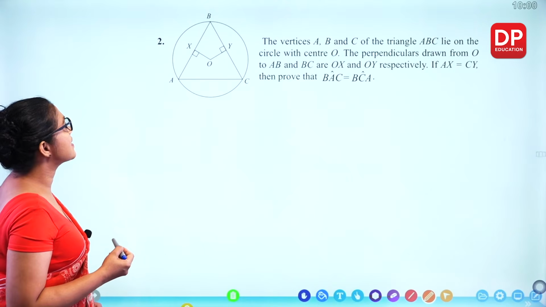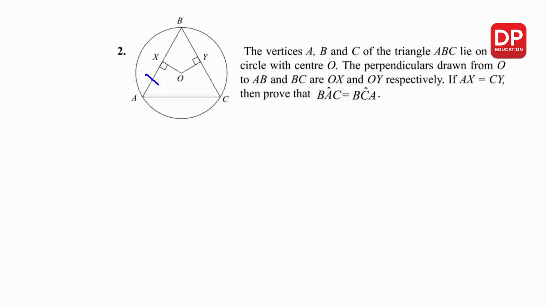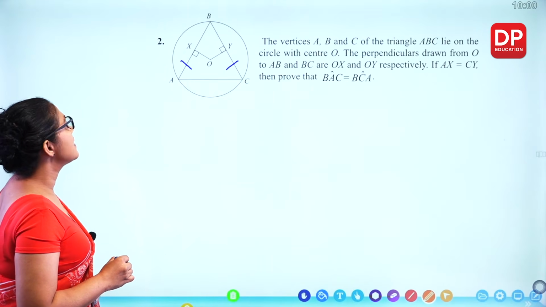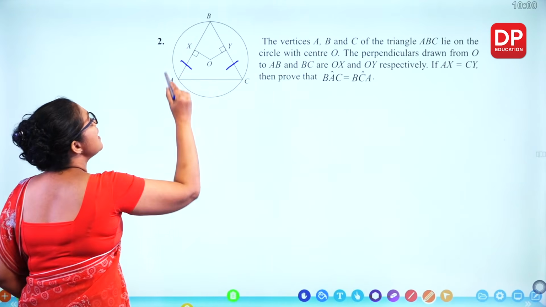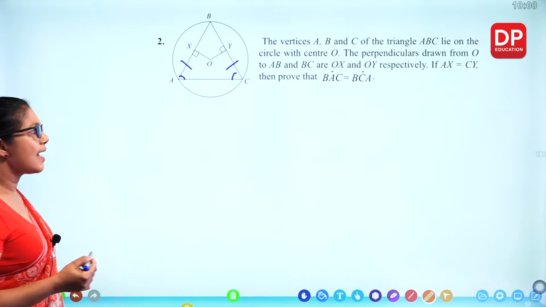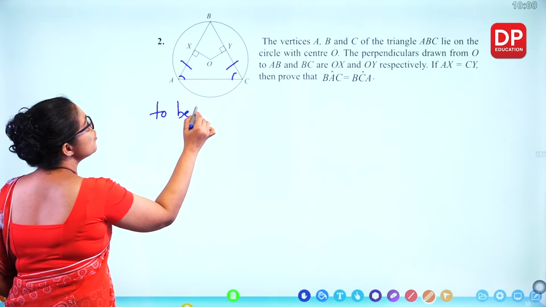If AX is equal to CY, so these two lengths are equal, then prove that angle BAC is equal to angle BCA. So you need to show these two angles are equal. So here what we need to prove?